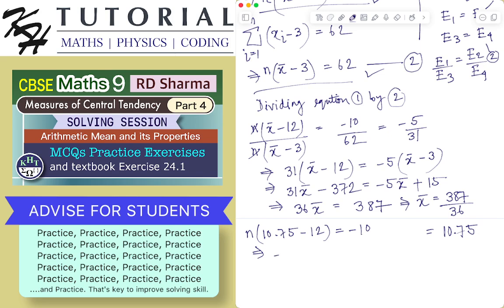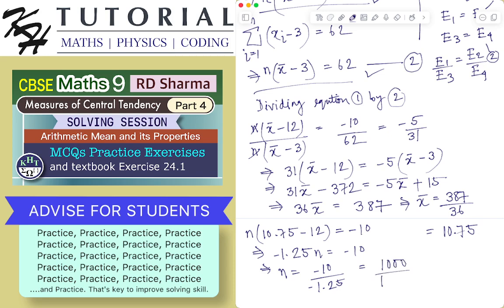This is minus 1.25. So n multiplied by minus 1.25 is equal to minus 10. Now remember, n is the number of observations. Its value will always be a natural number. So this implies n is equal to minus 10 divided by minus 1.25.